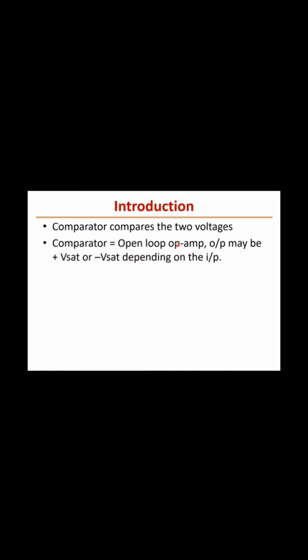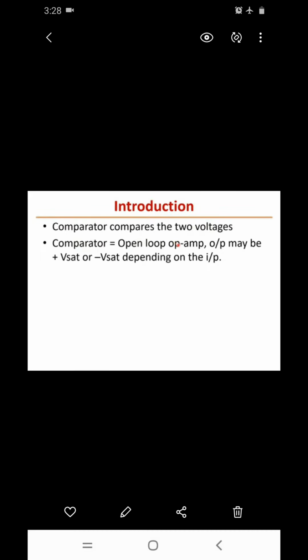The output may be a positive or negative saturation voltage, that is plus Vsat or minus Vsat, depending on which input is the larger. Comparators are used in circuits such as digital interfacing, Schmitt triggers, discriminators, voltage level detectors, oscillators and so on.